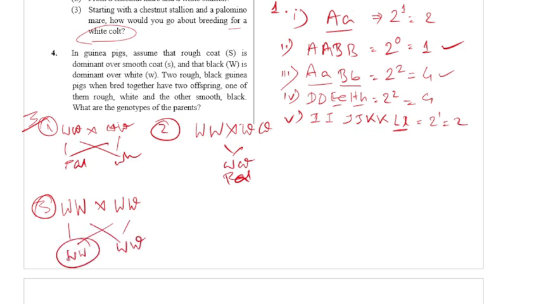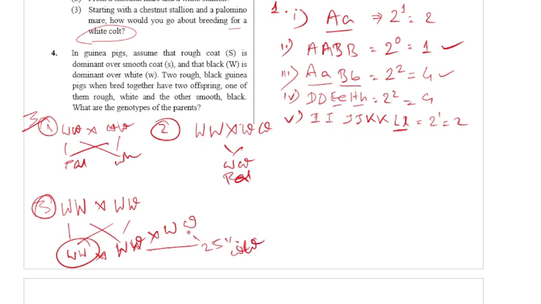This is not a genotype where we can get a small w. So we have to fertilize similar types of horse from this genotype. If we cross capital W small w with another capital W small w, we can get 1 in 4, or 25%, white small w.